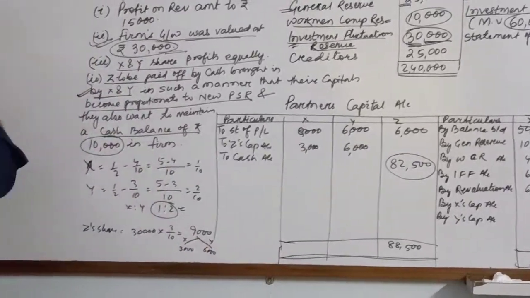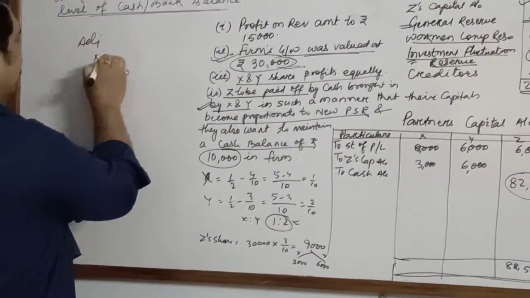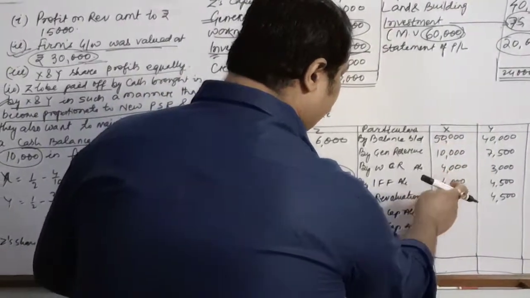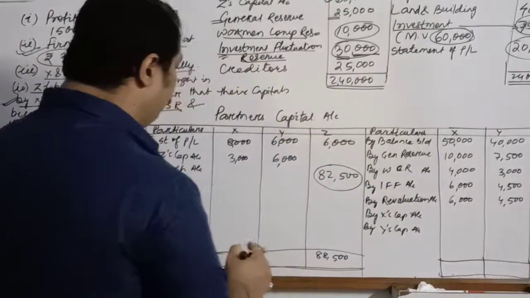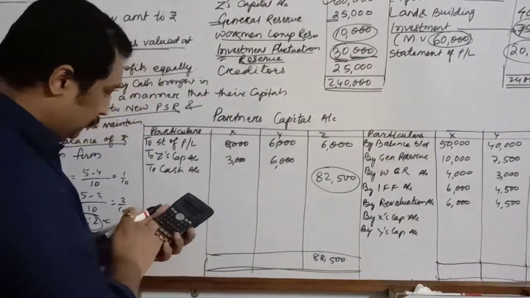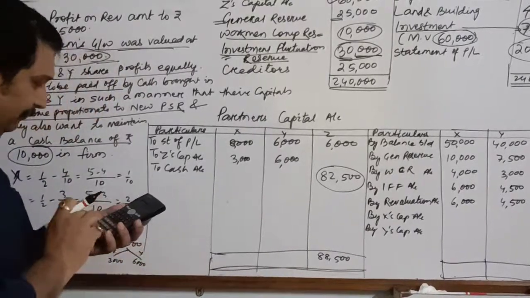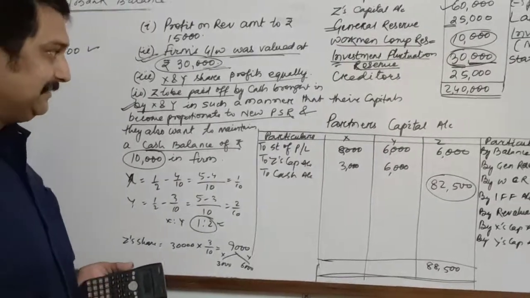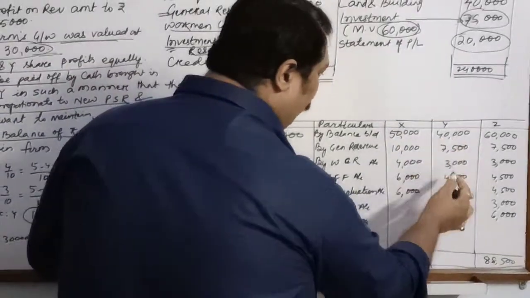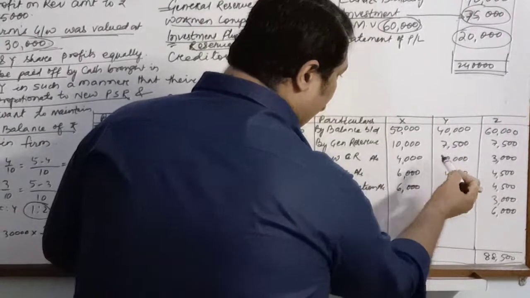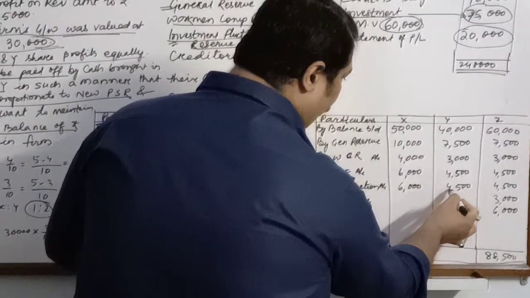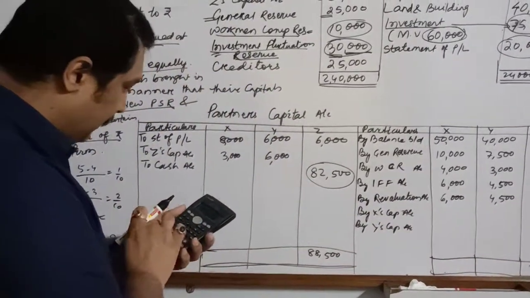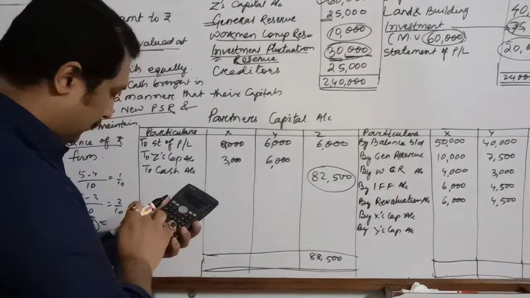So let us take the adjusted capital of X. How much is the adjusted capital of X? See over here, 76,000 minus 11,000. So 76,000 minus 11,000, you are left with 65,000. So this is the adjusted capital of X. Similarly, the adjusted capital of Y will be 59,500 minus 6,000 and 6,000, 12,000.